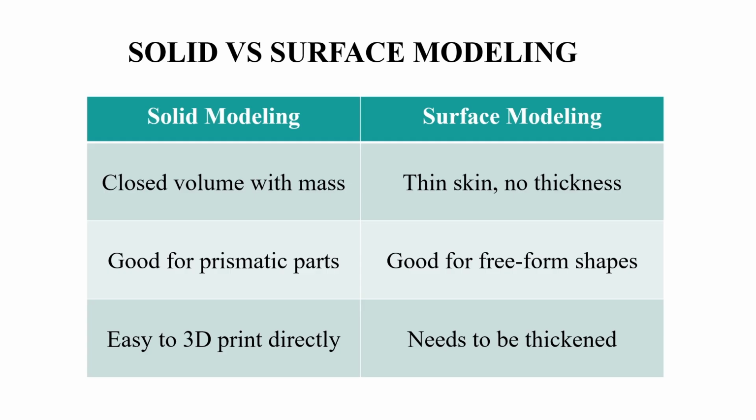Now, what are prismatic parts? Prismatic parts are components which have simple straight edge shapes. Usually, in order to create these prismatic parts, we go for simple sketches like rectangles, squares, and circles, and they are extended along a straight path.